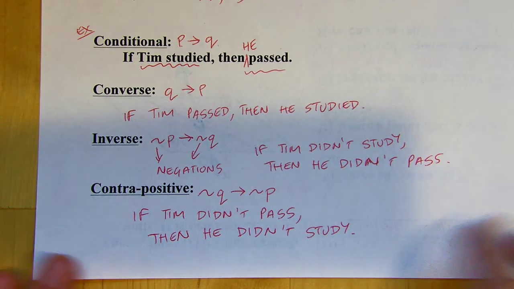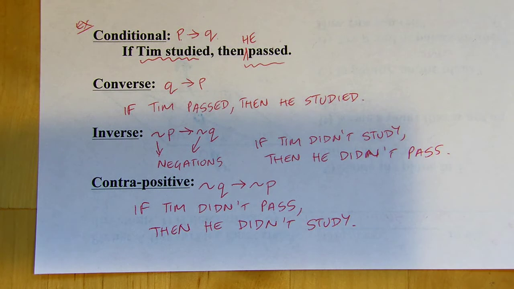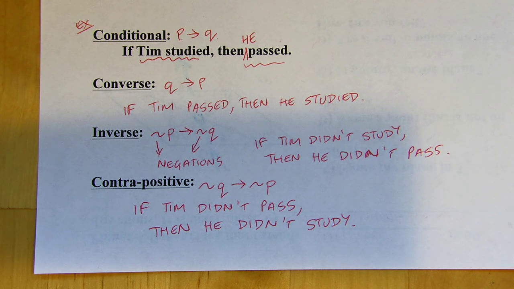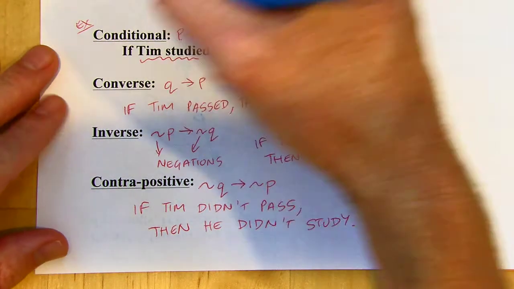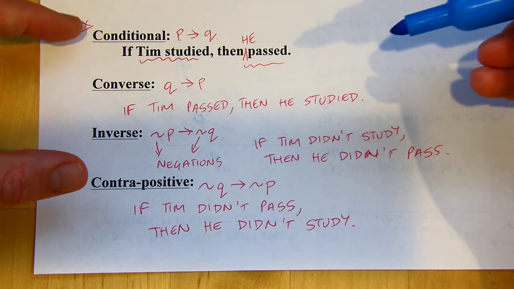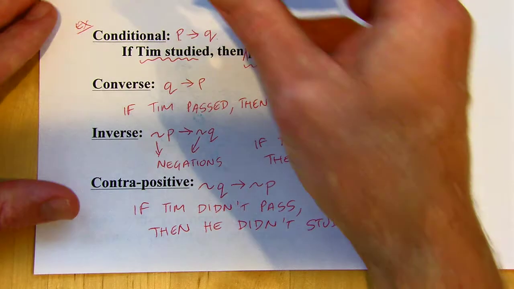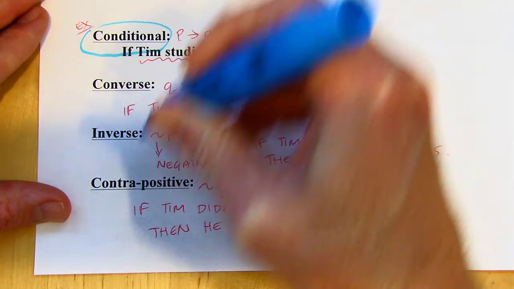Okay. So you need to know what a conditional is, and then these three variations on those conditionals. I wasn't worrying about the truth value. Again, I don't know who Tim is or if he studied or passed or not. But there is a relationship between the truth values of the original conditional and the contrapositive. This works no matter what.